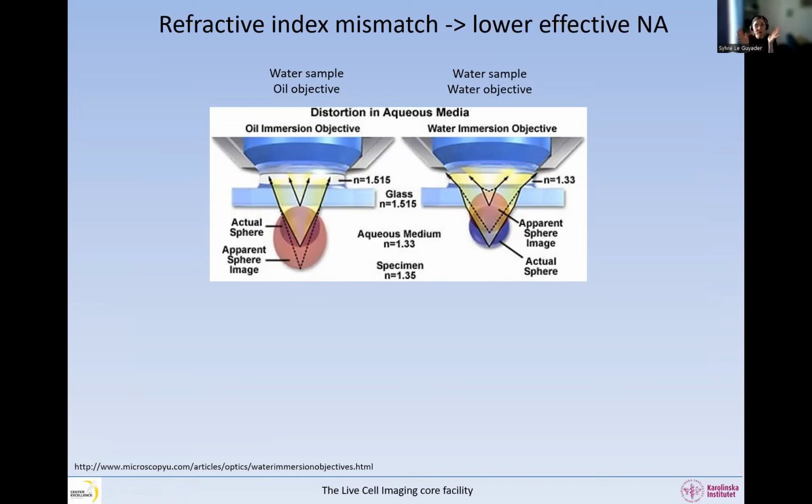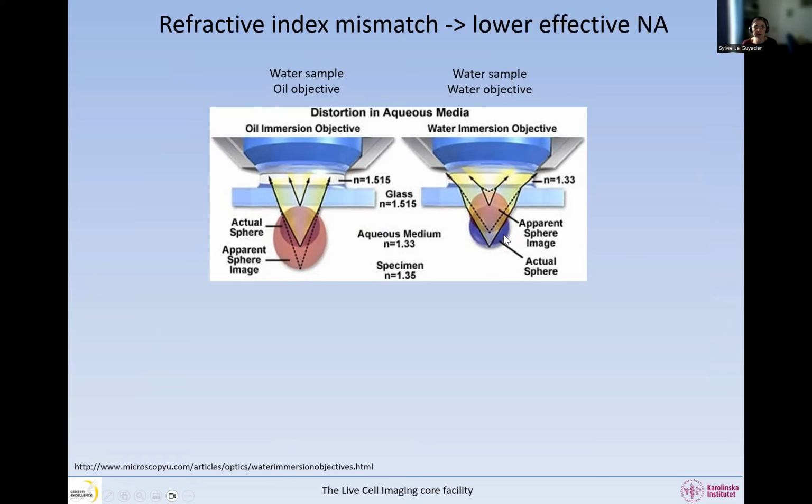You're not using the full numerical aperture of the objective. So you're using the 60x oil because it has a high numerical aperture, but the consequence of your experimental design is that you have a lower numerical aperture than what you should have. So you would be much better off with a water objective, where you would have no scale distortion and you would use the full numerical aperture of the objective.